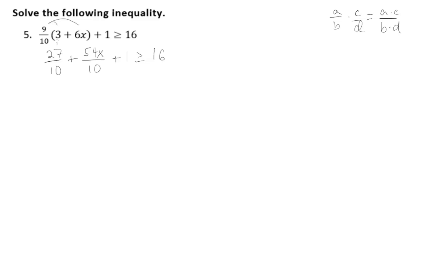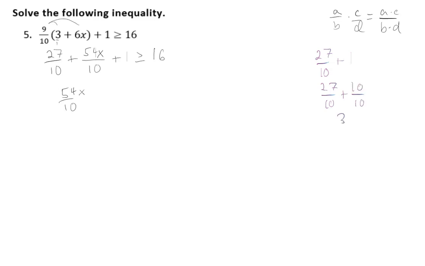All right, combine like terms, 54x over 10. And then we have this 27 over 10 plus 1. So that's going to be 27 over 10 plus 1 would become 10 over 10.